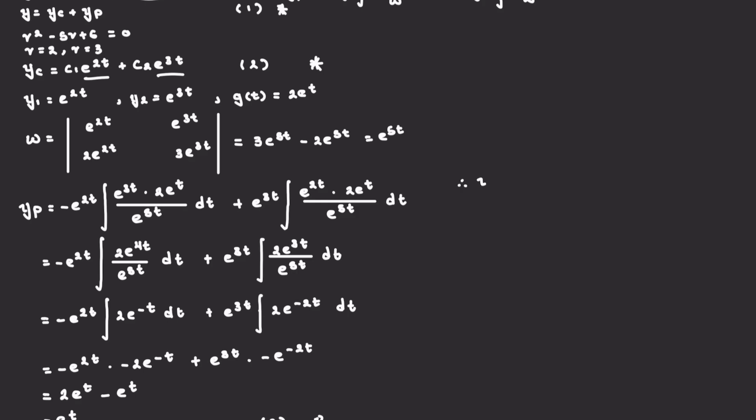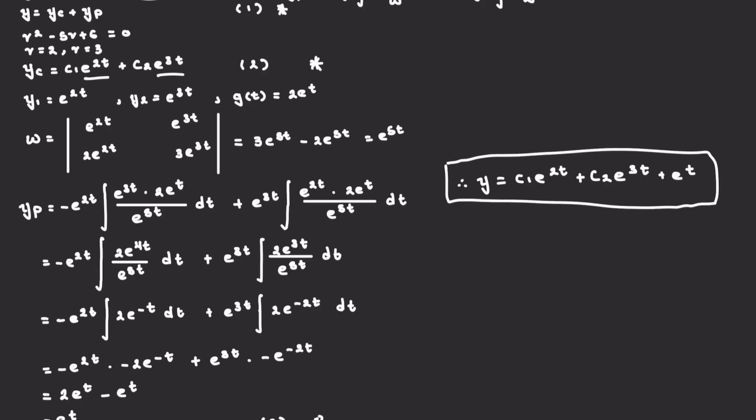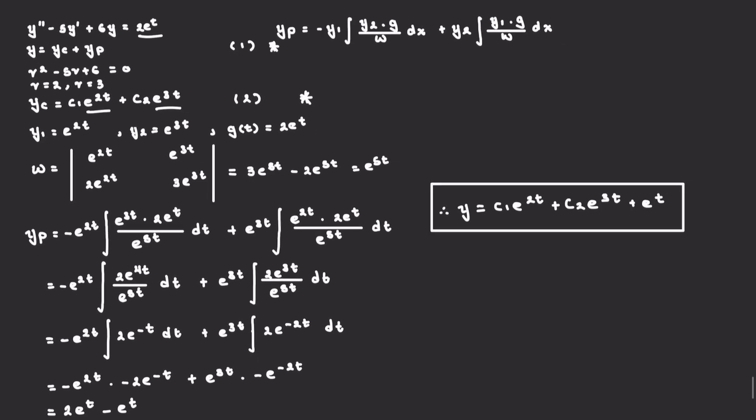So let's write down our final solution here. y is equal to c1 e to the 2t plus c2 e to the 3t plus e to the t. And this is our general solution to this differential equation by using the variation of parameters method.